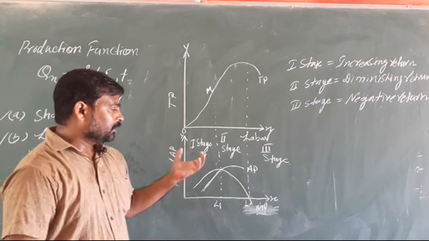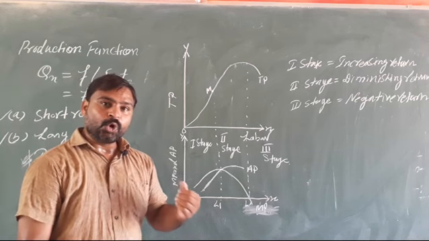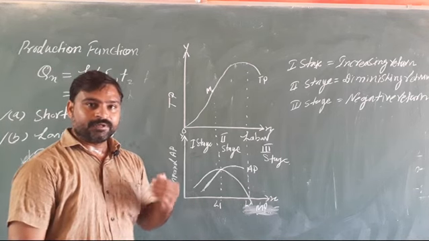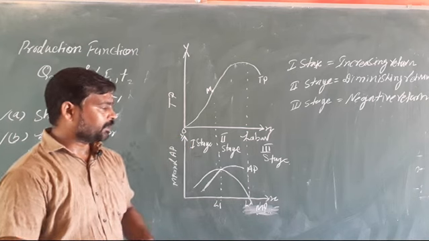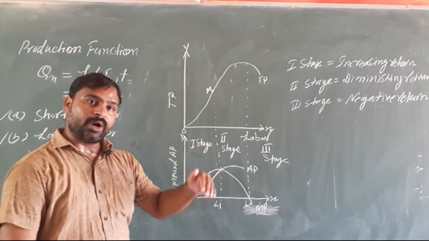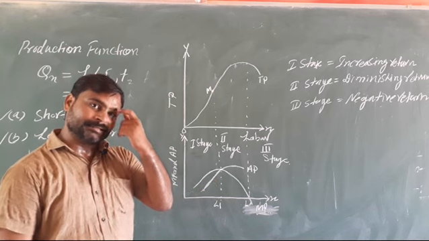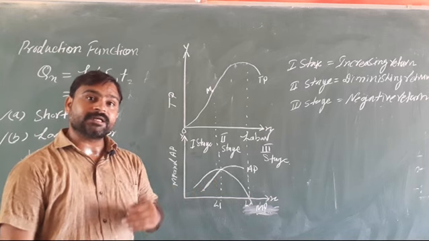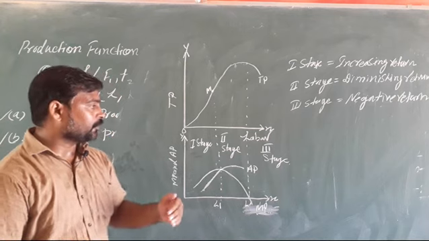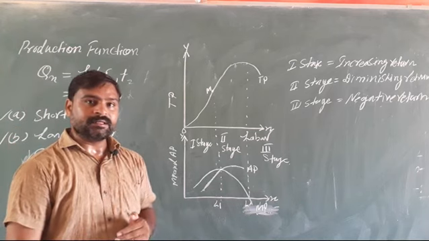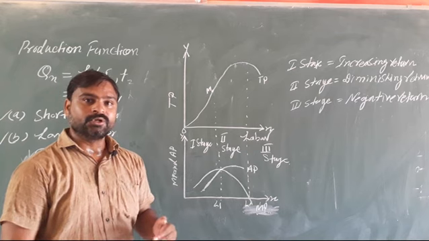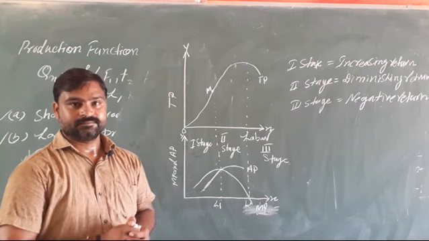See, the increase in labor cannot be the substitute for the increase in capital or land. Suppose that where you are required to increase the land, we are increasing just labor in the place of land. So the increase in labor cannot substitute the land perfectly.